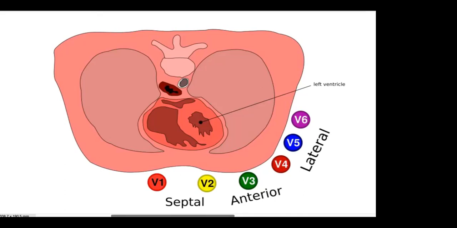If you look at it keenly, you will realize V1 and V2 are basically on the right side, and V5 and V6 are basically on the left side.